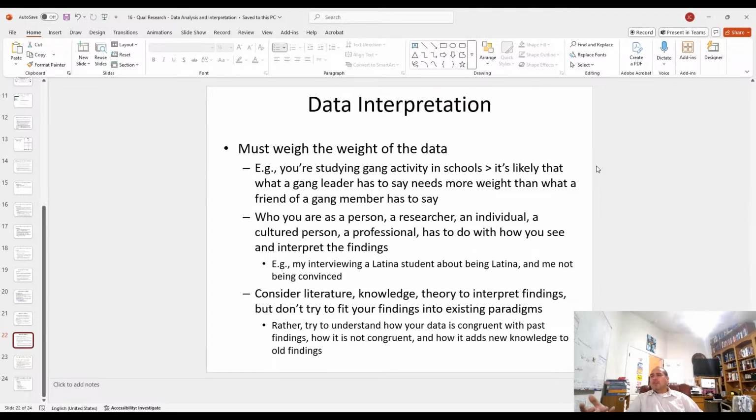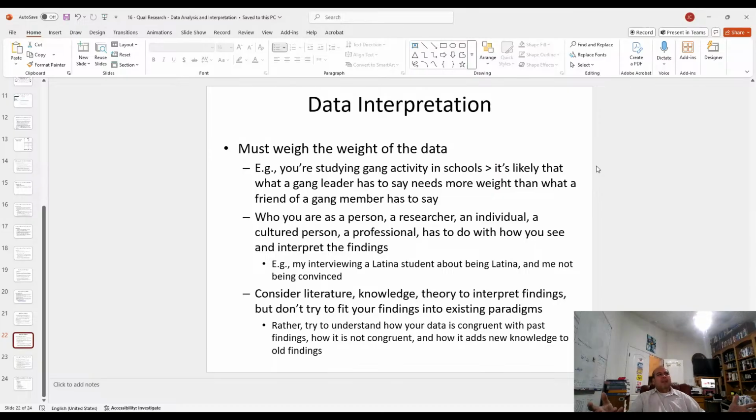You may think they're just a part of society. But if you were victimized by a gang member, you may have very negative views of gang members, right? So who you are, your culture, all of that you bring to the table does carry some weight in terms of how you interpret the data.